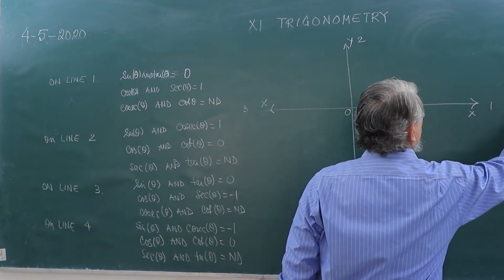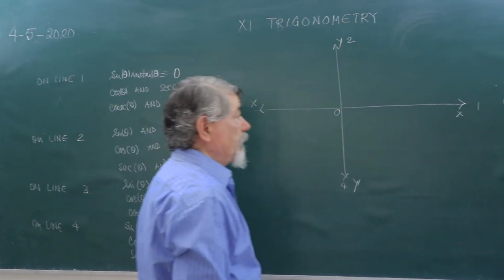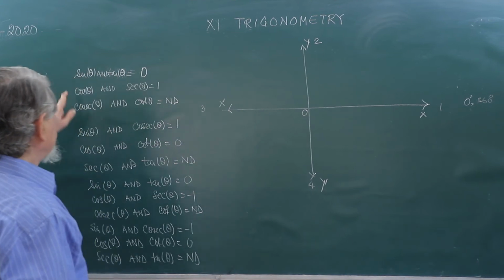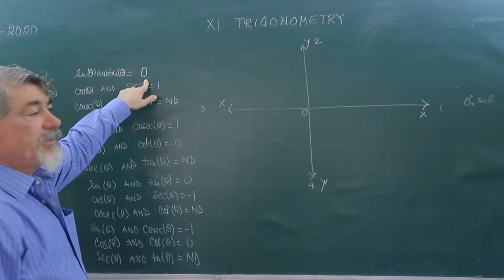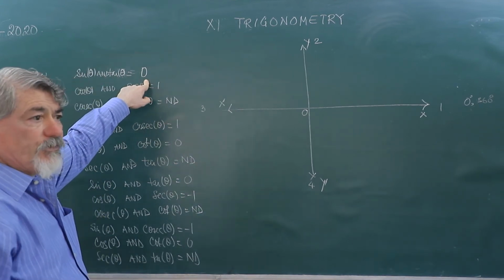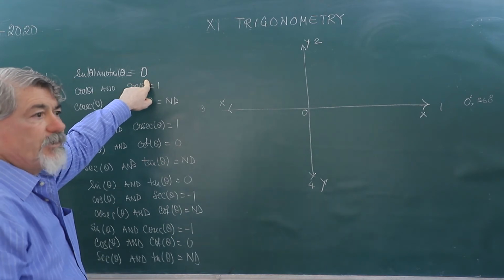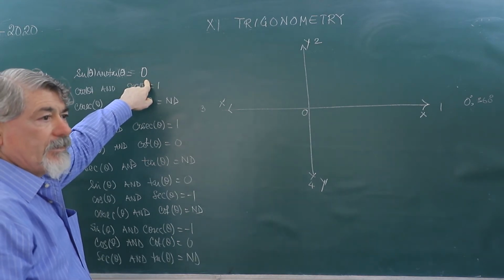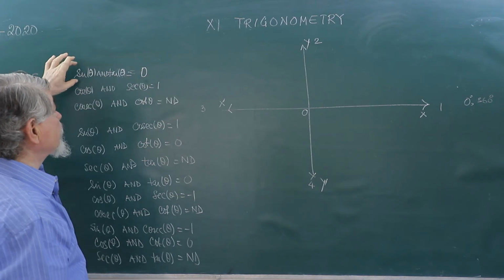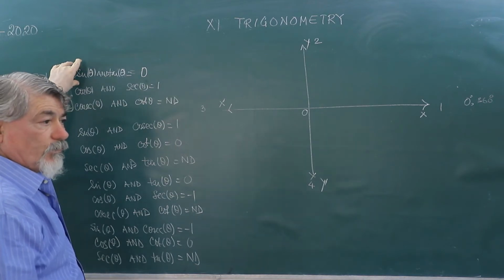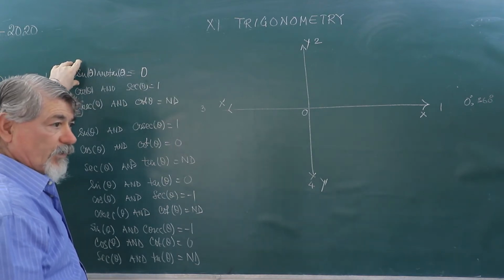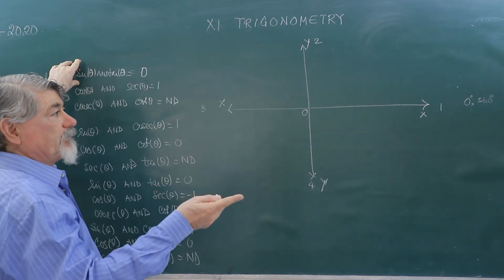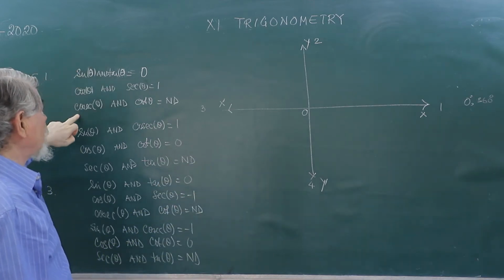So sine theta and tan theta are 0. Sine 0 is 0. If you see the special angle table, you will find sine 0 and tan 0 as 0. Opposite of sine is cosec, so 1 upon sine 0, or multiples of that, will be not defined.